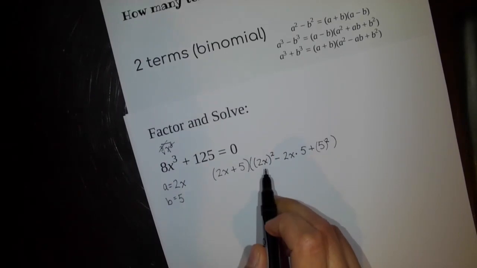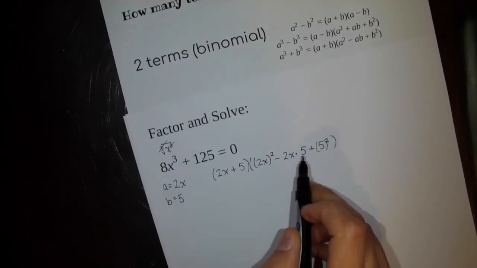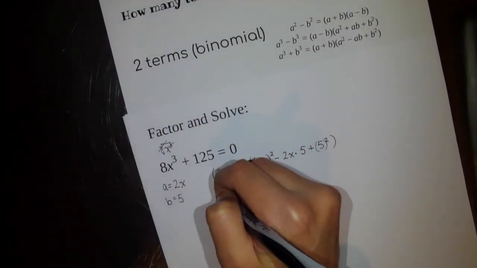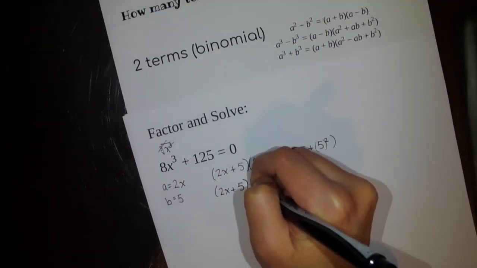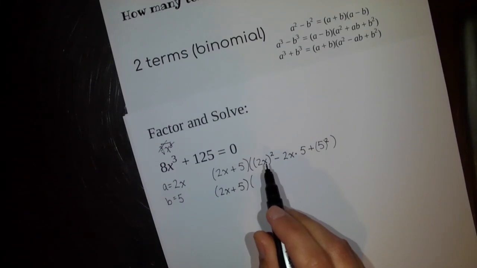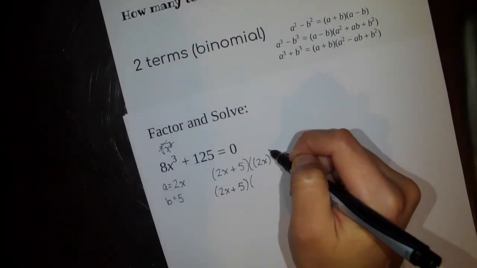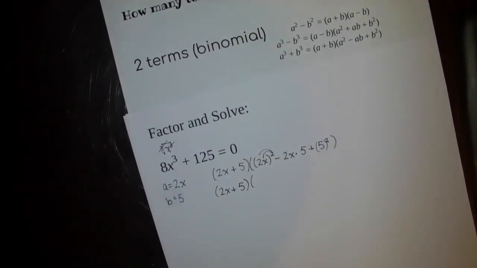Okay, next step I'm going to evaluate. So I'm actually going to square this and multiply here. So this 2x plus 5 stays the same. 2x squared. So the parentheses are important, so I know the exponent goes to the 2 and the x.